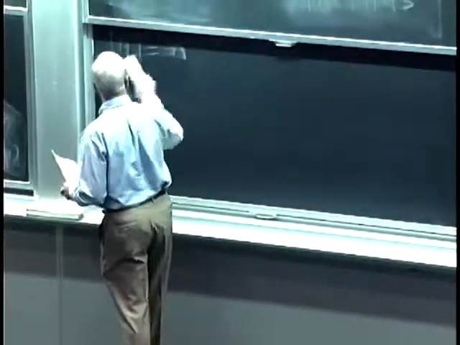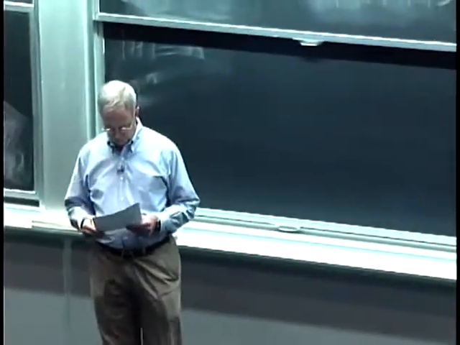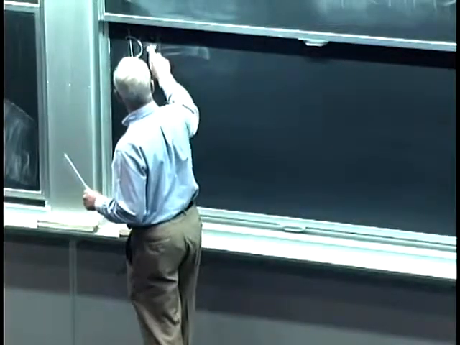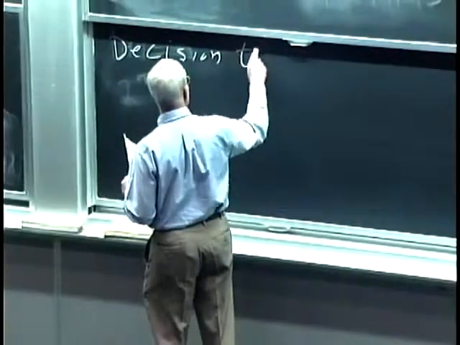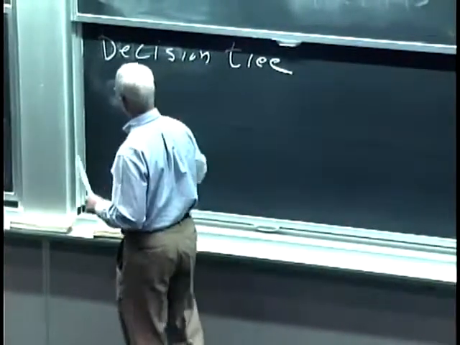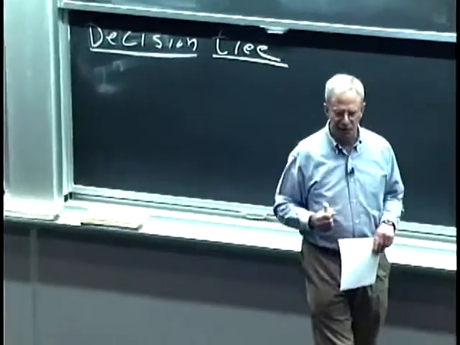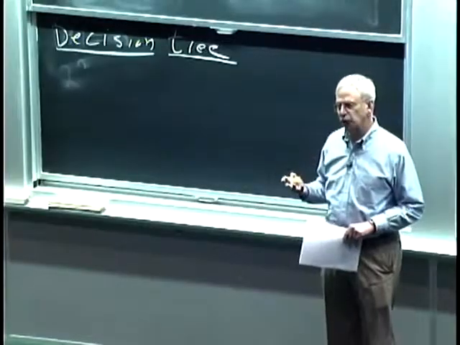And we're going to do this initially by looking at a straightforward implementation based upon what's called a decision tree. This is a very important concept, and we'll see a lot of algorithms essentially implement decision trees.